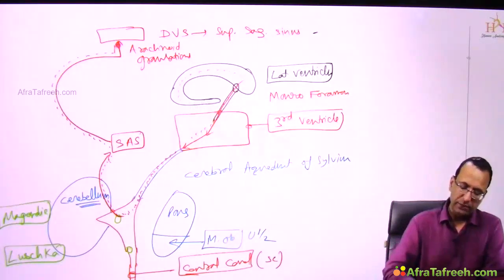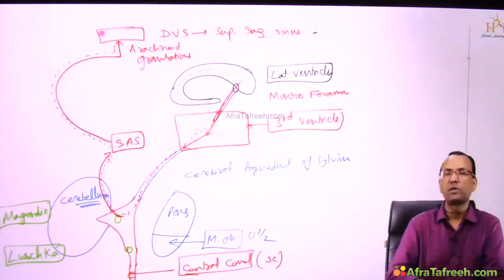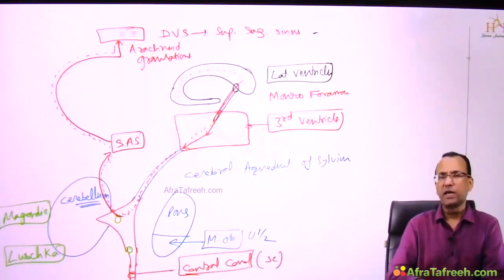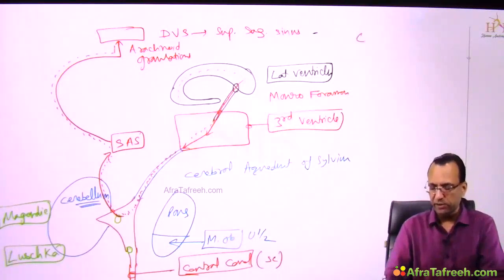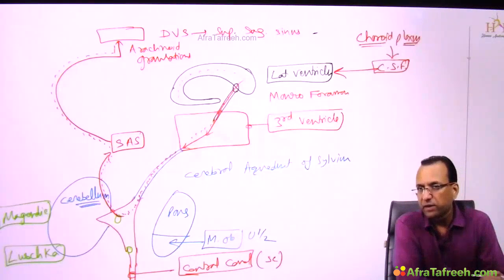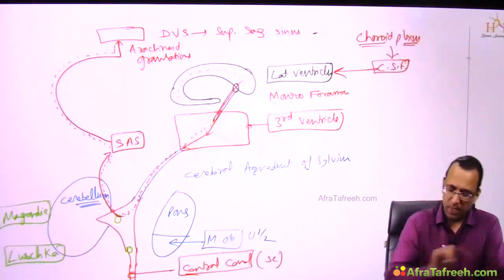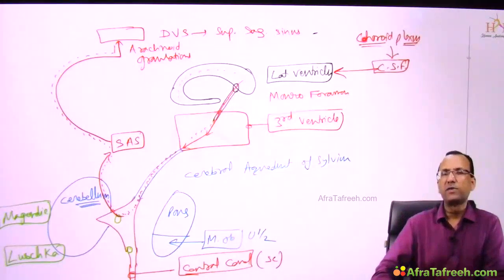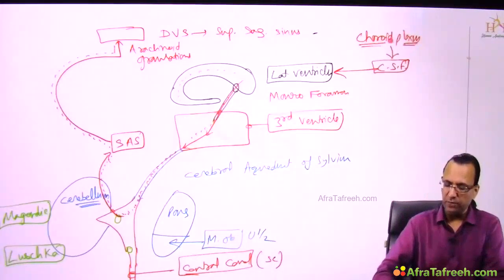So CSF is an ultrafiltrate of blood and will go back into the blood, which is the venous blood, and travel towards the heart. All the venous blood will travel back toward the heart, and come back into the arteries. Arteries will form the capillaries. Capillaries will form the choroid plexus, and the choroid capillary plexus will form the ultrafiltrate of blood, CSF, in the lateral ventricle.